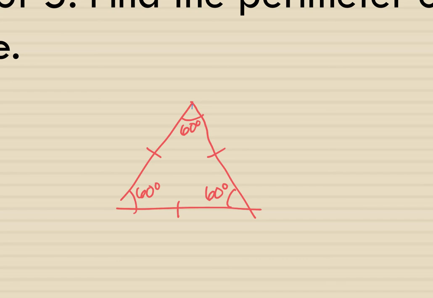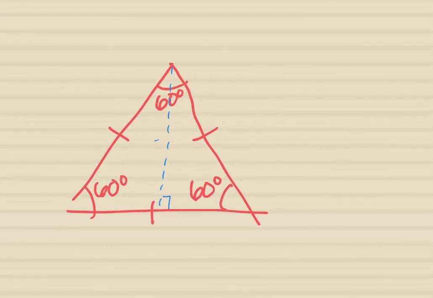So let's go from the top. Draw a nice line down to the bottom. It's 90 degrees. And its length is 5. Okay. Any ideas on what kind of right triangle scenario this is? Christina?